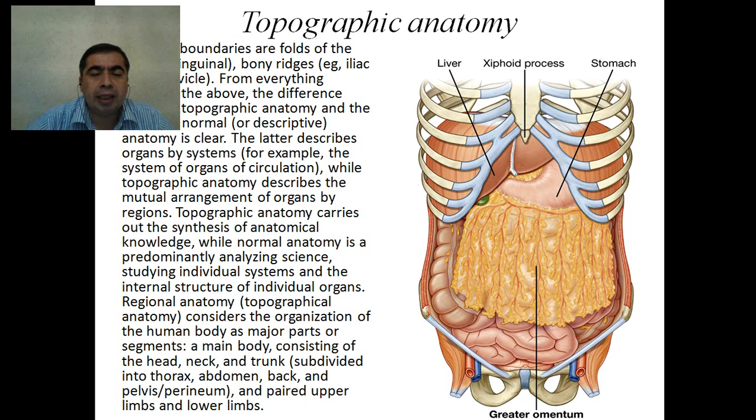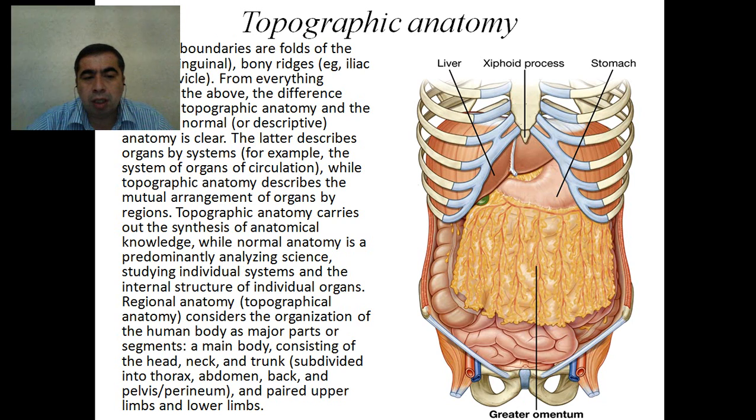Topographic anatomy carries out the synthesis of anatomical knowledge, while normal anatomy is a predominantly analyzing science, studying individual systems and, of course, the internal structure of individual organs.